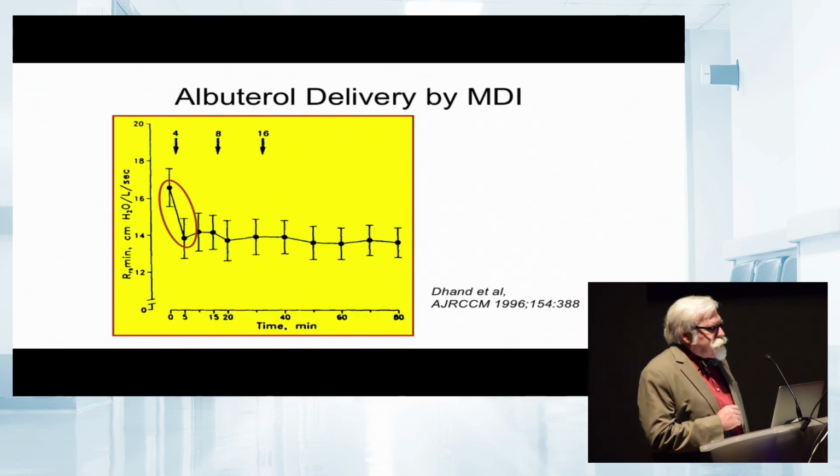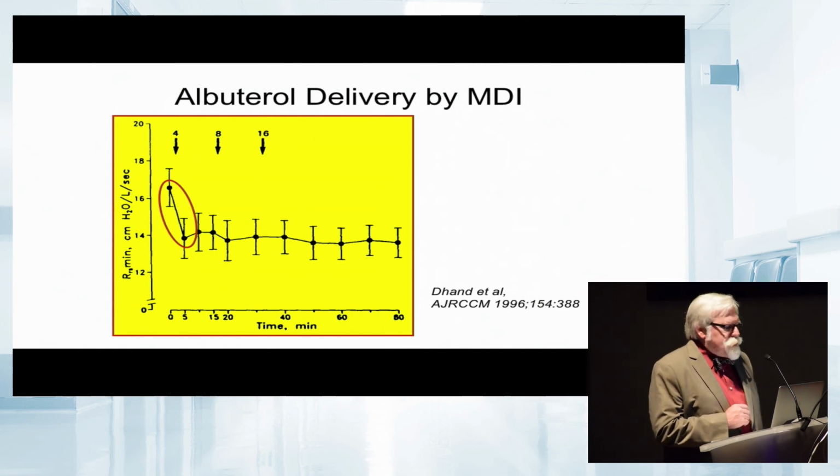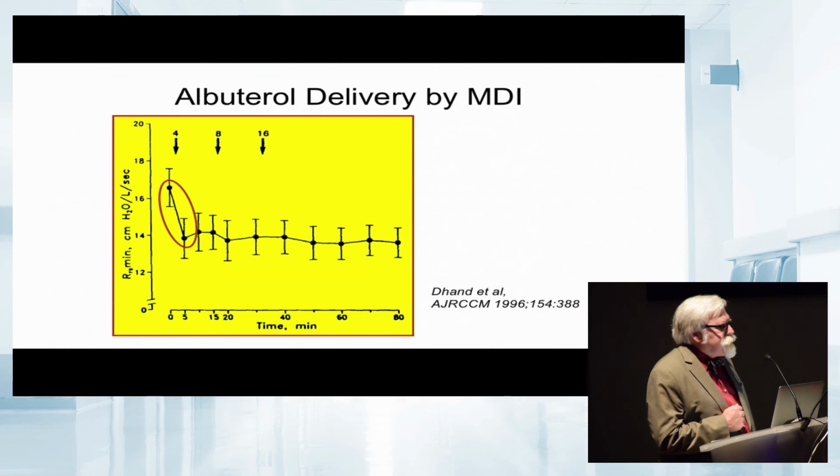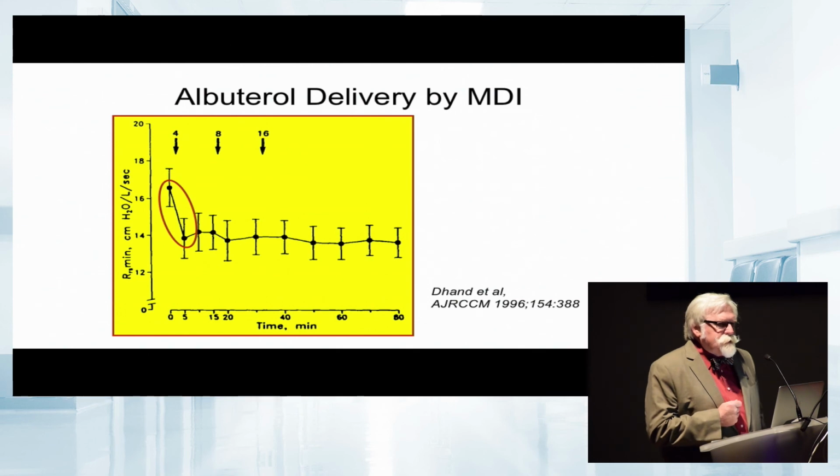We can also use a metered dose inhaler during mechanical ventilation, and it was shown many years ago, in a study published more than 20 years ago, that if we aerosolize 4 puffs of albuterol by metered dose inhaler into the ventilator circuit, that can result in a significant reduction in airways resistance.